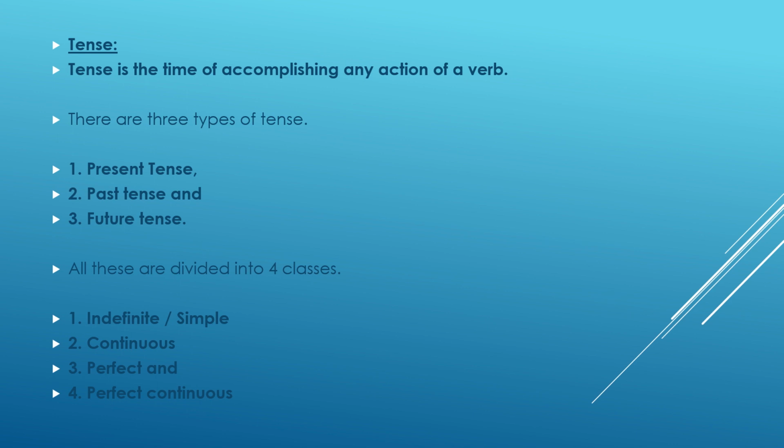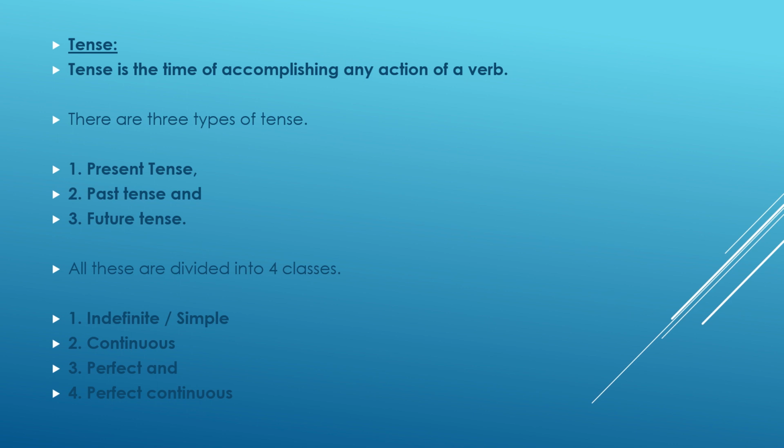Similarly, past indefinite tense or simple past tense, past continuous tense, past perfect, and past perfect continuous tense. And last of all, future tense: future indefinite or simple future tense, future continuous, future perfect, and future perfect continuous tense. So, we'd like to start with present tense.